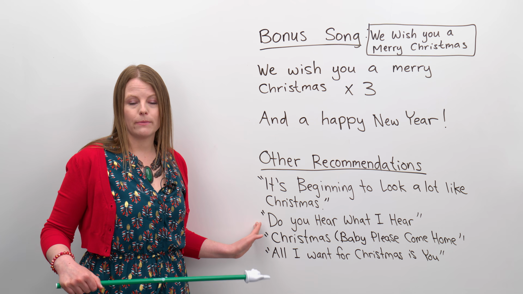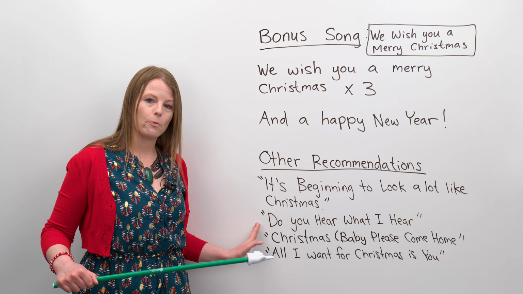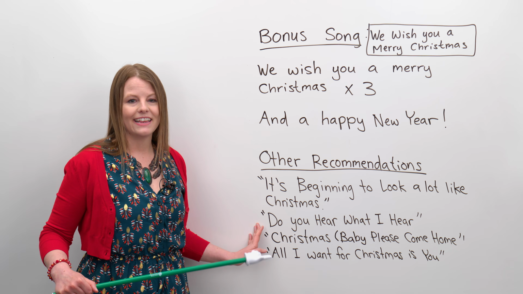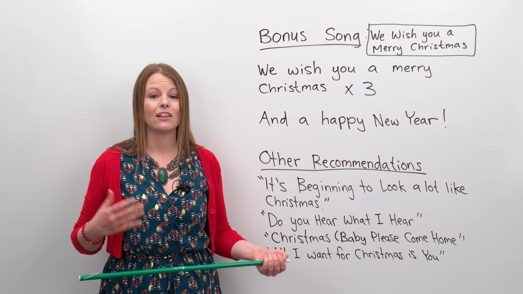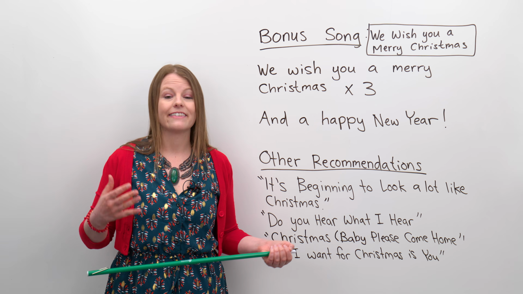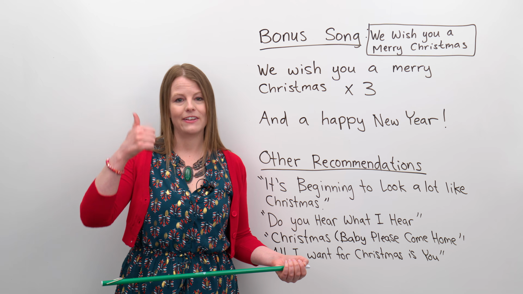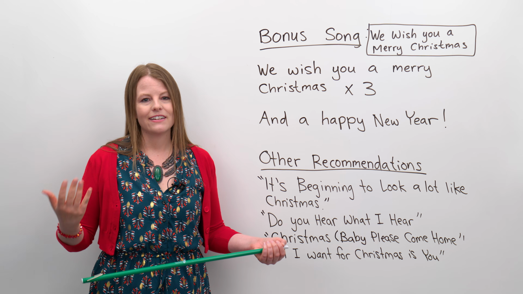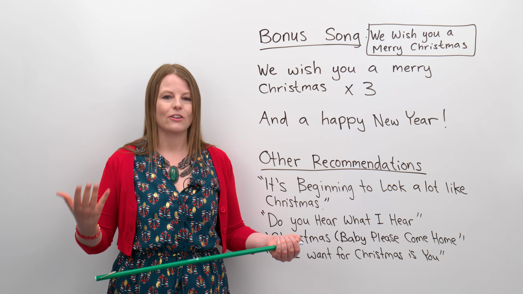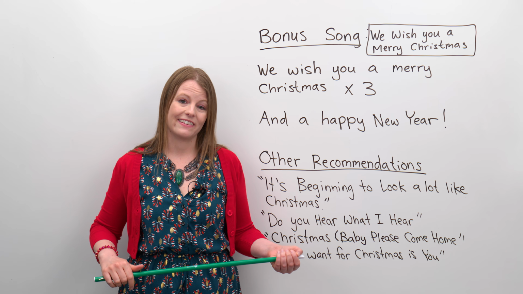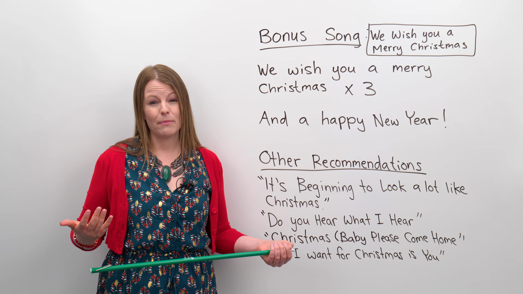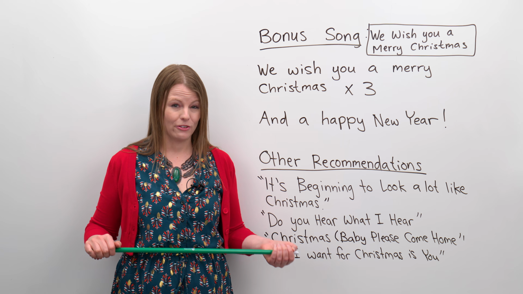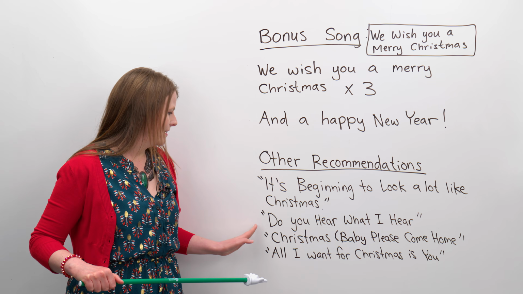Another good option is Do You Hear What I Hear? I like this song because you have a lot of the different sense words in this song. You have hear, see, say. Well, say is not a sense word, but it has a lot of these types of words in it. And these are really common words we use when we speak English. So lots of good vocabulary.